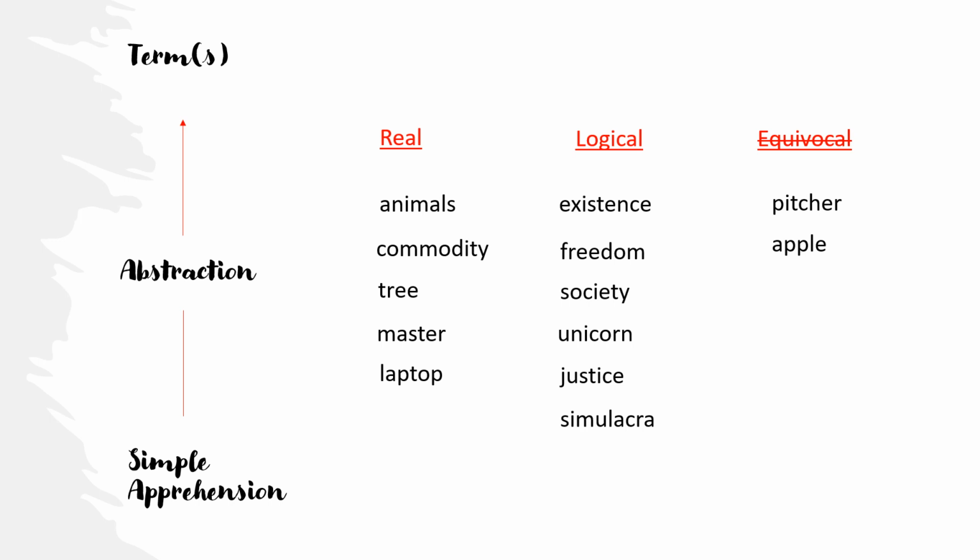Now, in our study, we will use both real and logical concepts or terms, and we have to consider that these terms are important to the building up of the whole process of knowing itself.